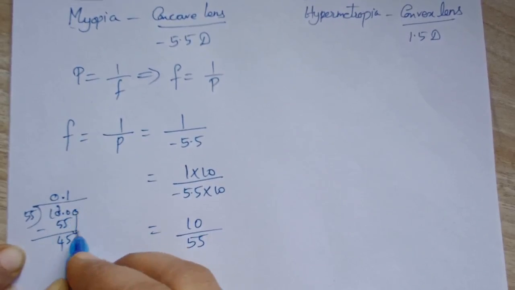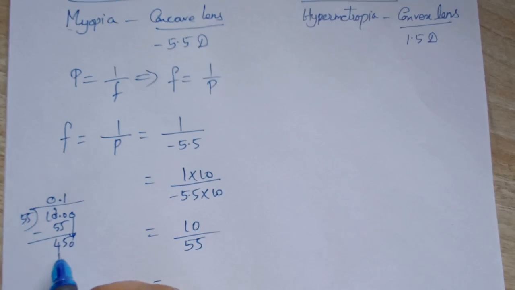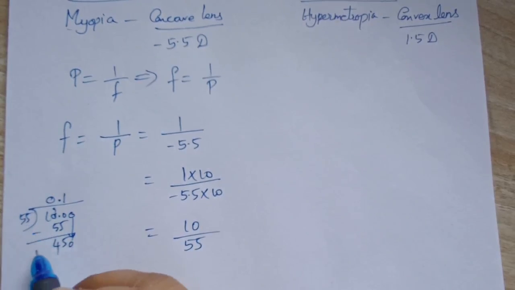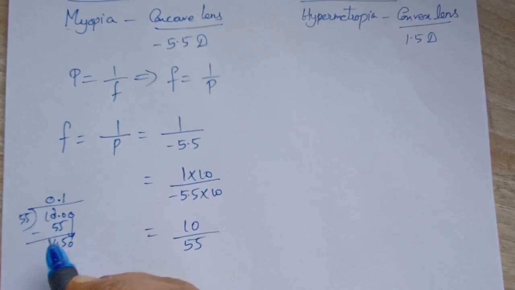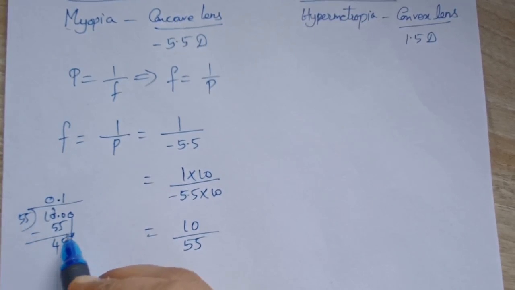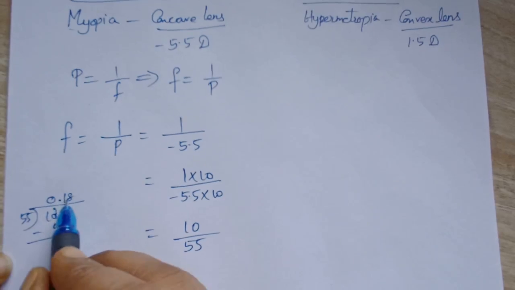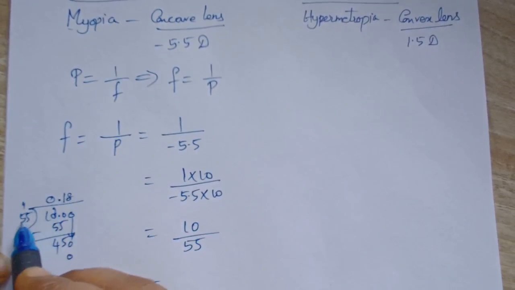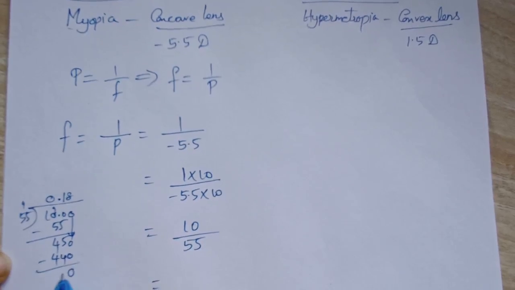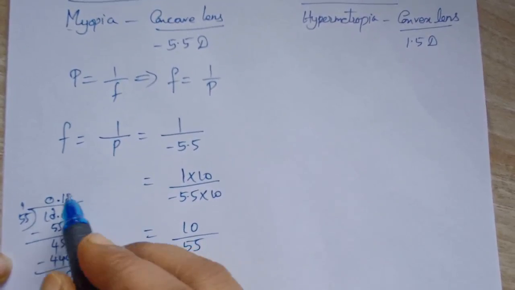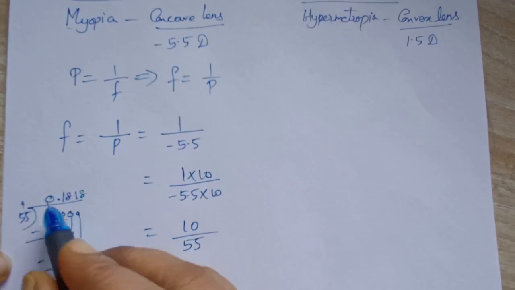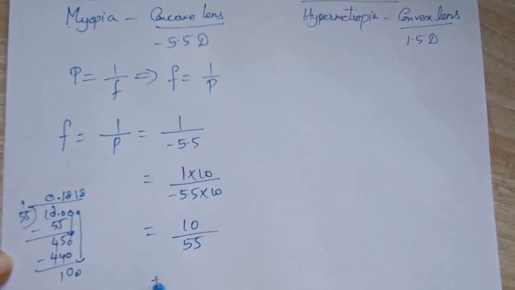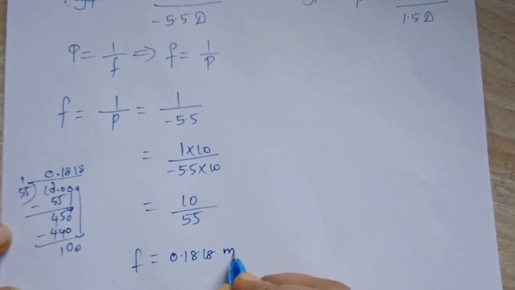Then one more time 0, so 450 means we can take 8 times. 8 fives are 40, balance 4, and it becomes 40, 44, then 0 again, and it keeps repeating. 1 8 1 8 will repeat like this. So f equals 0.1818. This is in meters.